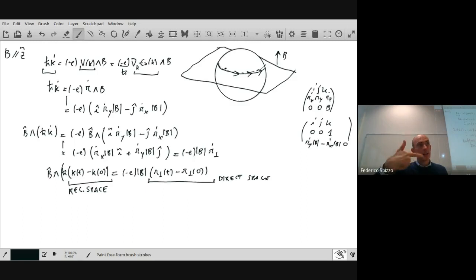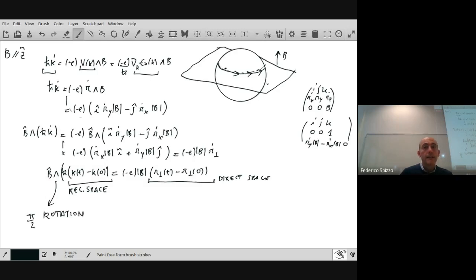So you are just rotating by 90 degrees the trajectory. So this product here is the 90 degree rotation. So the idea is take the trajectory in the reciprocal space, rotate the trajectory by 90 degrees across the direction of the magnetic field, and you have the trajectory in the real space.